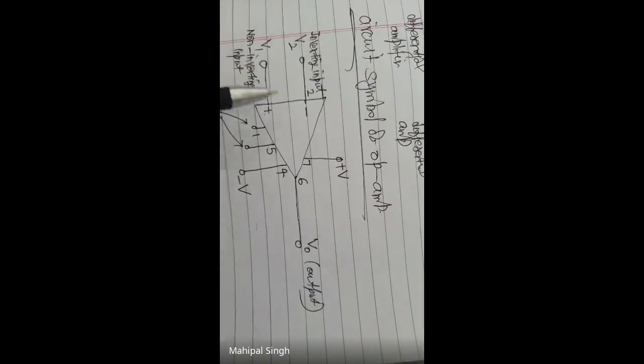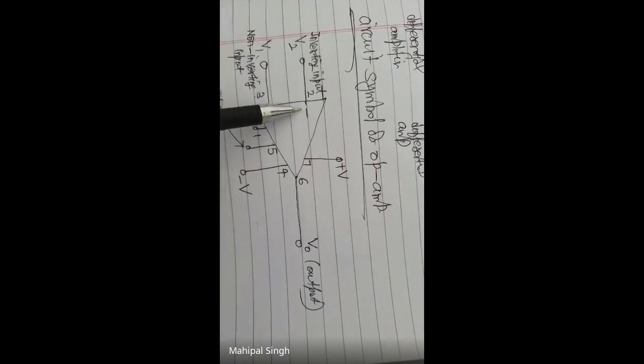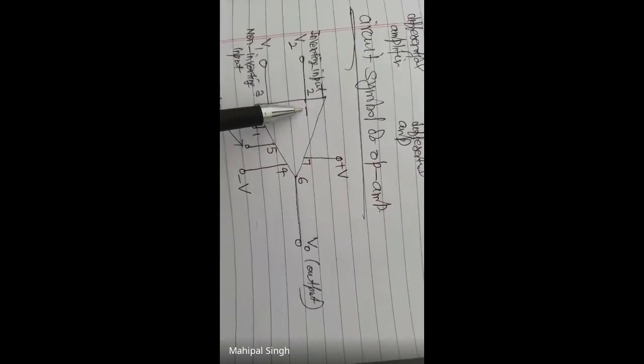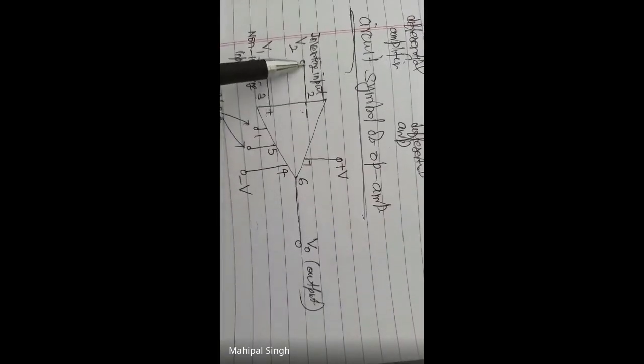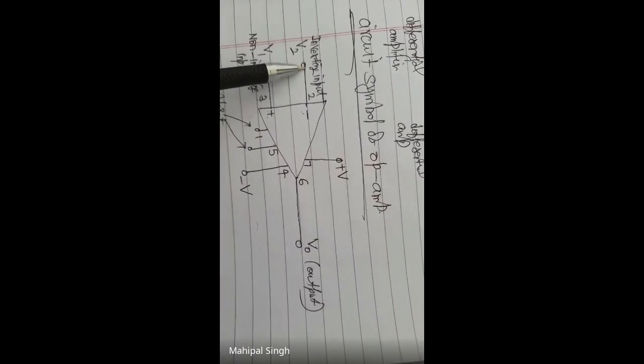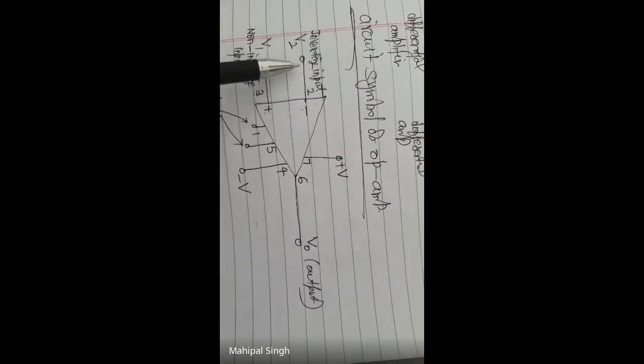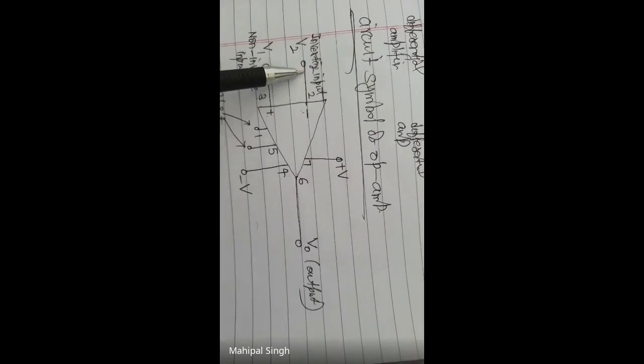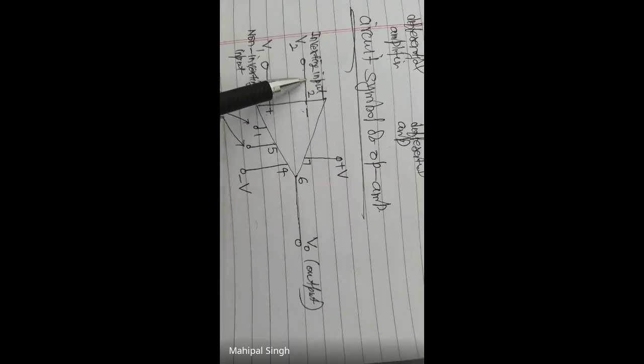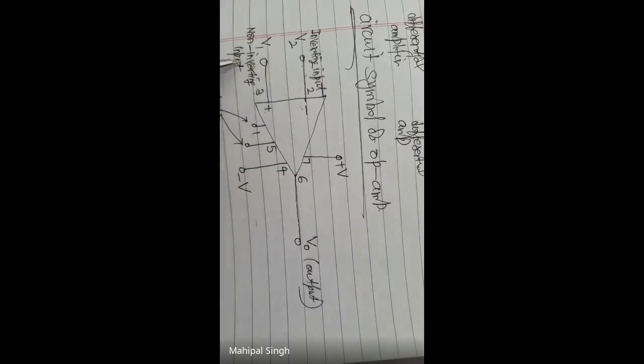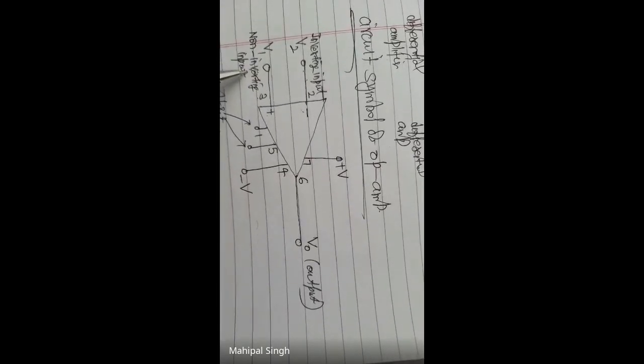Clear? Now third, the other input terminal, labeled negative, is known as the inverting input terminal. The inverting terminal will invert the signal, while the non-inverting terminal will not invert the signal.